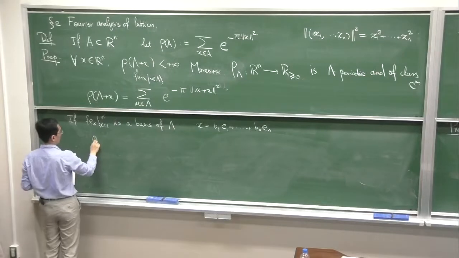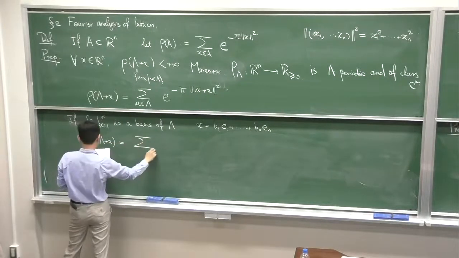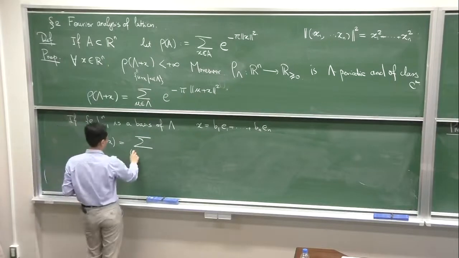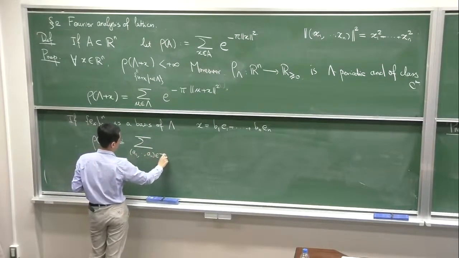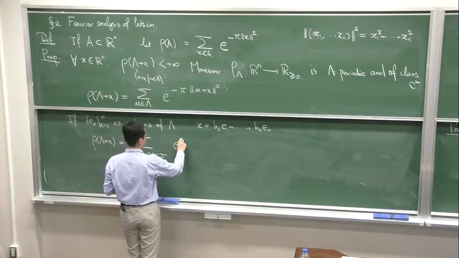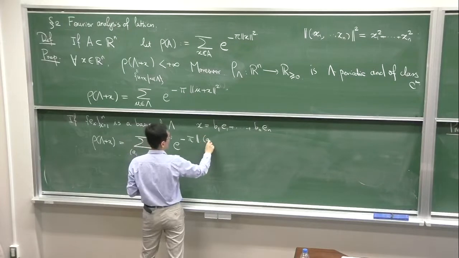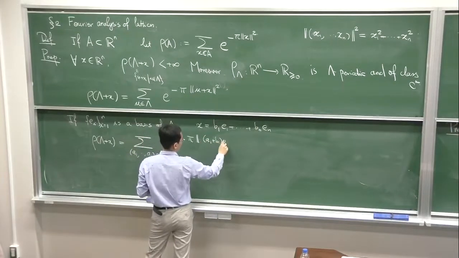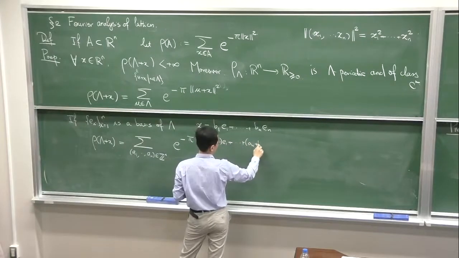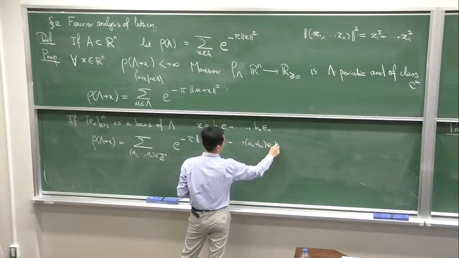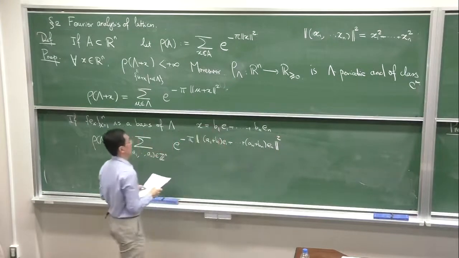And then you can rewrite this sum as the sum over a1 to an in Z to the power n, of exponential minus pi, the norm of (a1 plus b1) e1 plus ... plus (an plus bn) en, to the power 2.